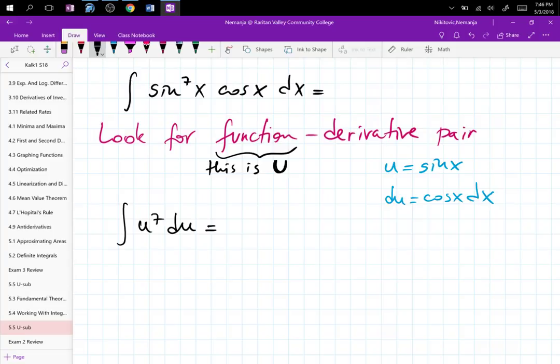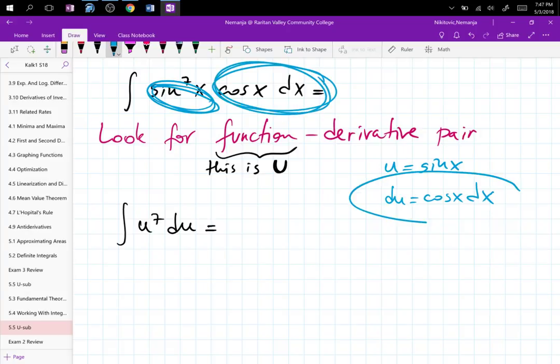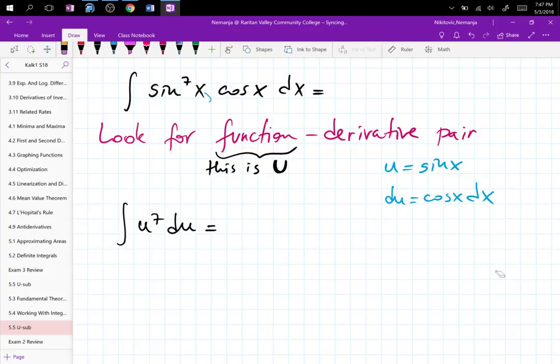So what happened? Sine x is u, and cosine x dx is du. And you just plug them in, and you're done. So now you have to integrate.